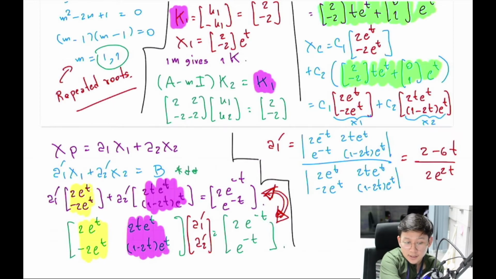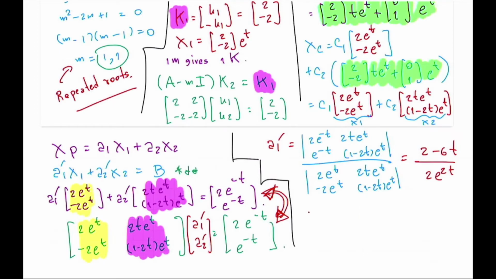Okay, in that case you would have that a1 is actually the integral of (2 minus 6t) divided by 2e to the 2t, dt. Okay, and that is the integral of 2 minus 6t, and I'll just get rid of the 2, then I get 1 minus 3t, e to the minus 2t dt.